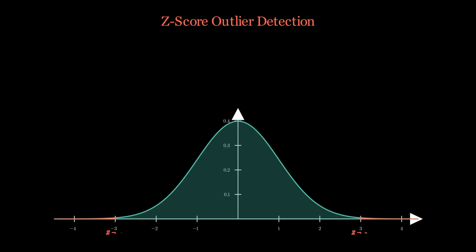Each falls within 3 sigma. The red dot at z equals 3.4 and the one at z equals -3.6 are flagged as outliers. They sit in the dangerous red tail regions. In a fraud detection system, these would trigger immediate alerts for human review. In a quality control system, these bolts would be rejected and the machine would be inspected.